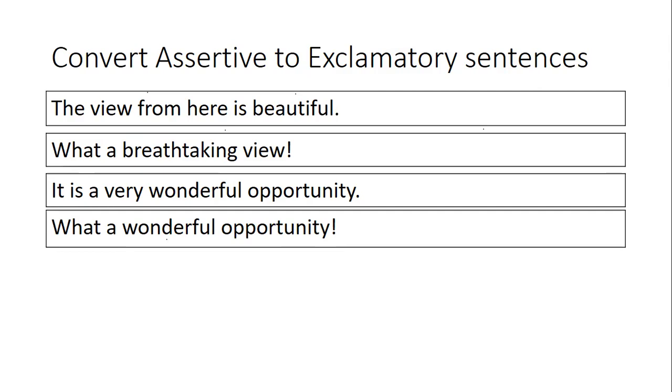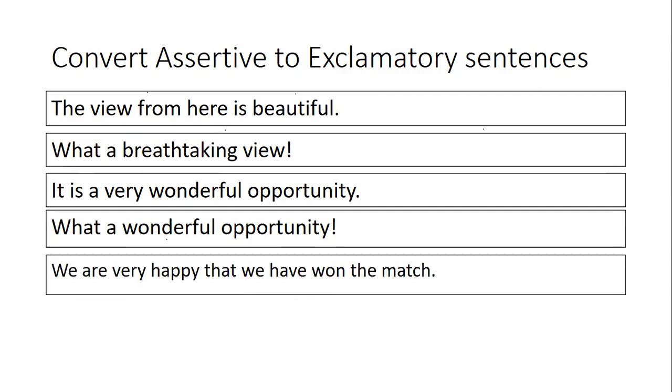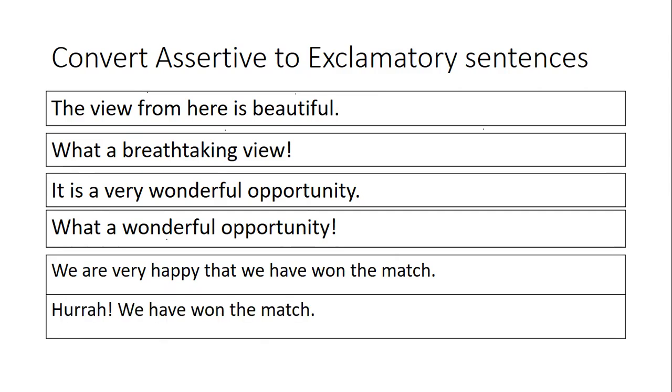What a wonderful opportunity. We are very happy that we have won the match. Hooray! We have won the match. So, to put an exclamation, we convert the assertive sentences to express very strong feelings. The moment we read the sentence, we get a very strong feeling.